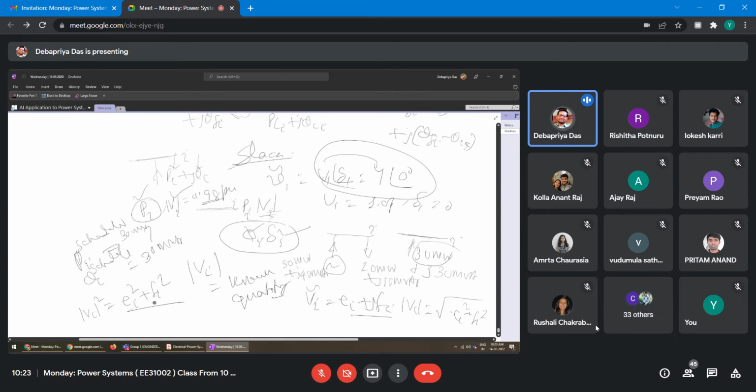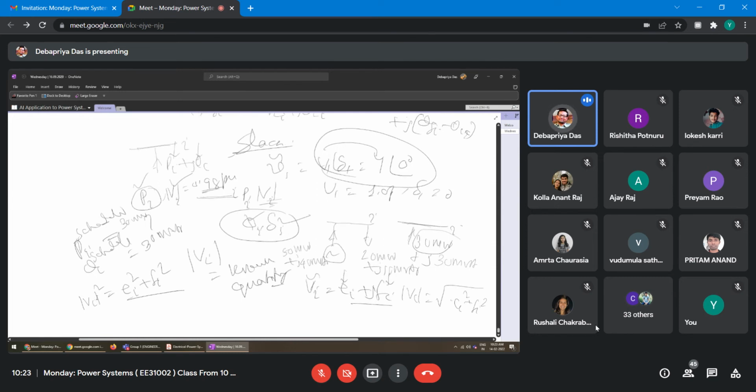Voltage has two parts, one real part and one imaginary, E and F, and its magnitude is root over Ei square plus Fi square for the ith bus. Therefore, voltage magnitude Vi square will be Ei square plus Fi square. But this Vi square we cannot change because it is specified for the PV bus, so this part will remain constant.